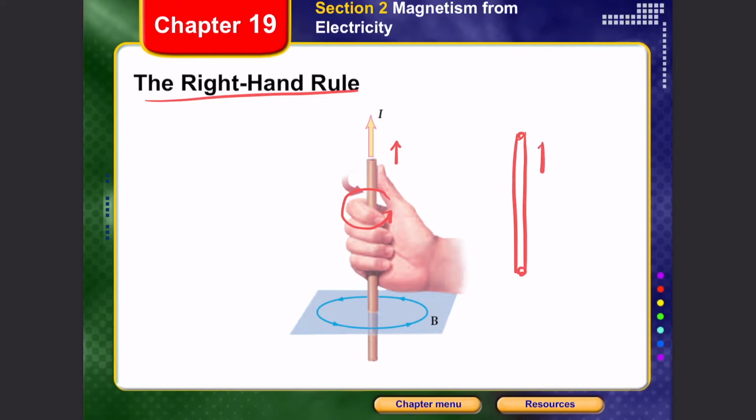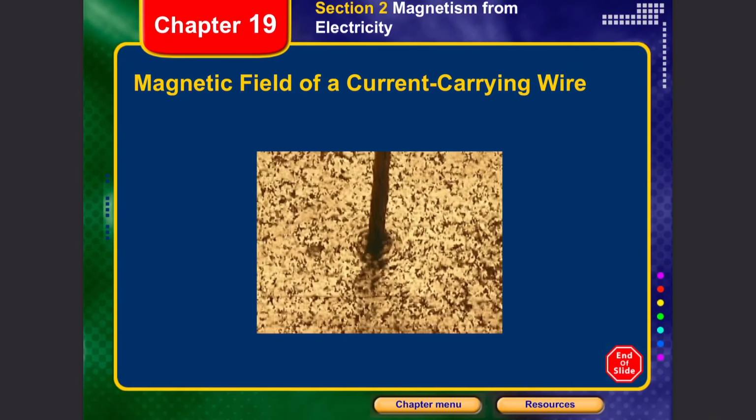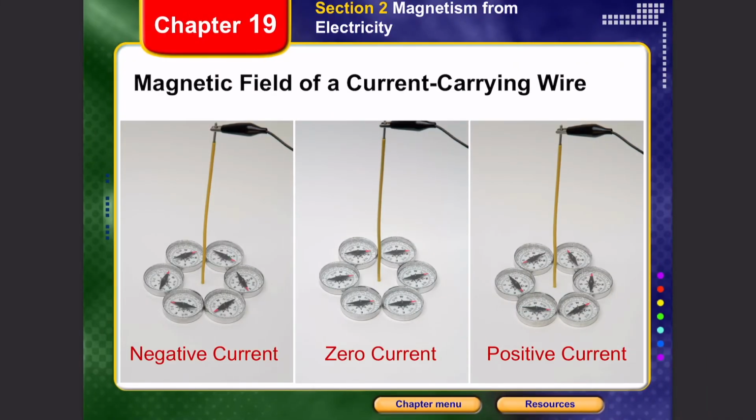If the current is going upwards, the magnetic field is counterclockwise. If the current is going downward, then the magnetic field is clockwise. So this is how we can determine it by using the right-hand thumb rule. This is what it looks like.